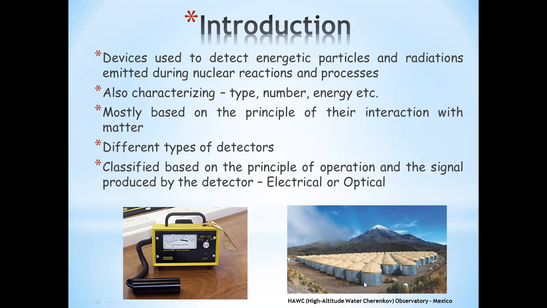The detailed principle we will not talk about here, but what I mean to show is that detectors can be as small as this or as large as this. Different kinds of detectors are designed depending upon the purpose and the particles that need to be detected.